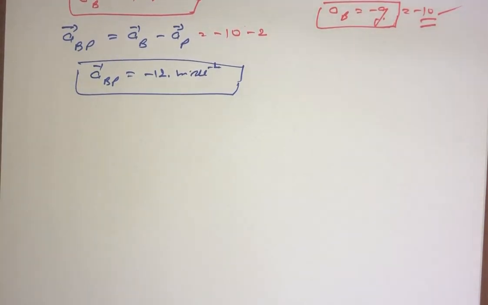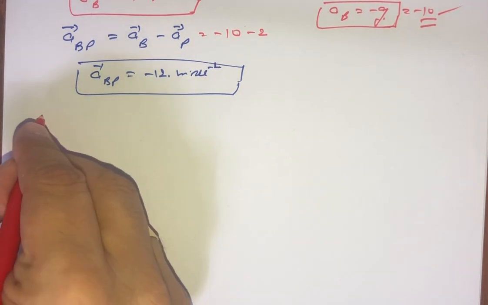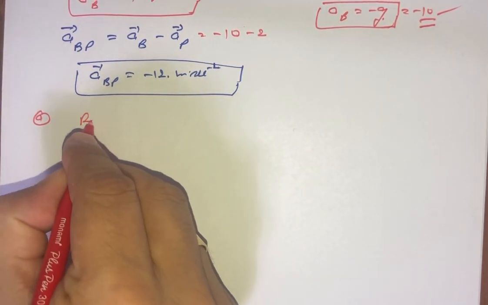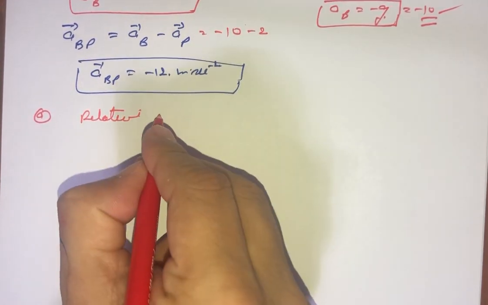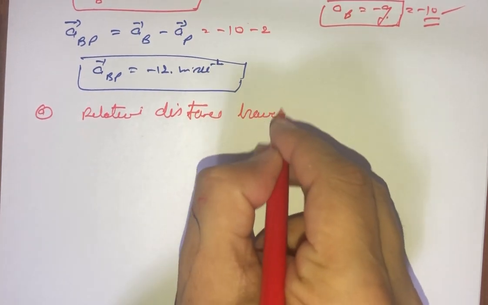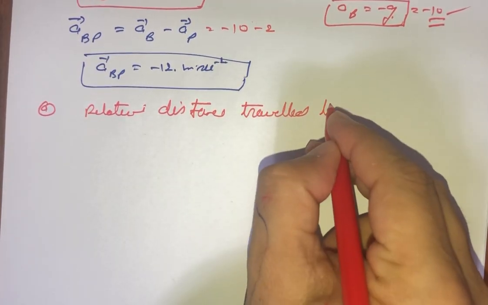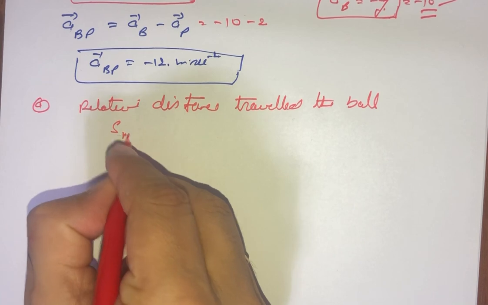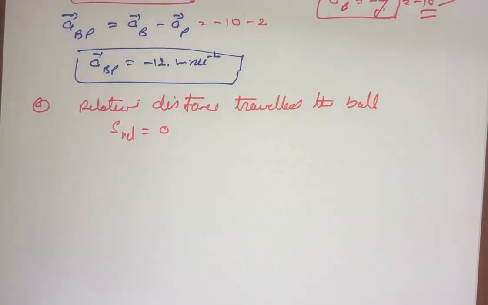Now in the first part, A, we are supposed to find out when the ball strikes the platform. So the relative distance traveled by the ball, let us call this S relative, will be equal to 0.